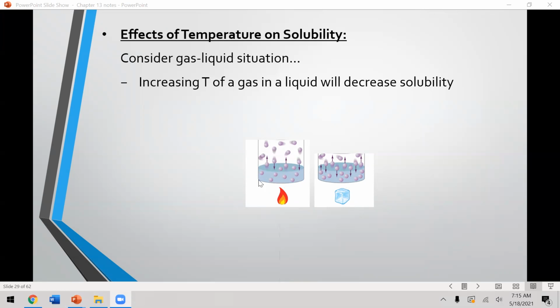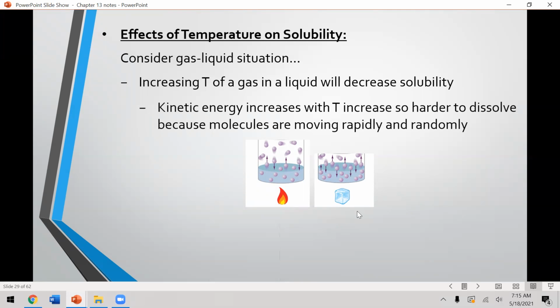We want to dissolve them in the liquid. Well, if they're bouncing around above us going to the vapor phase, they're not going to dissolve. Obviously, the opposite, if you lower the temperature, because you're slowing down the gas particles, and therefore they are able to move into that liquid phase and dissolve.